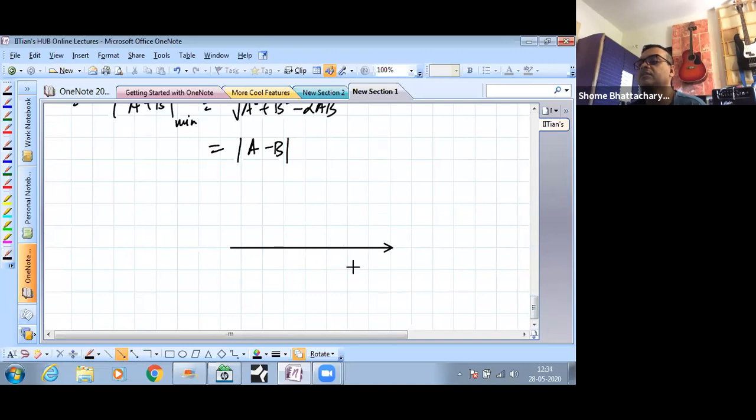A is a vector like this. B is a vector which is opposite, like this. Then the resultant of these two vectors will become a vector like this.